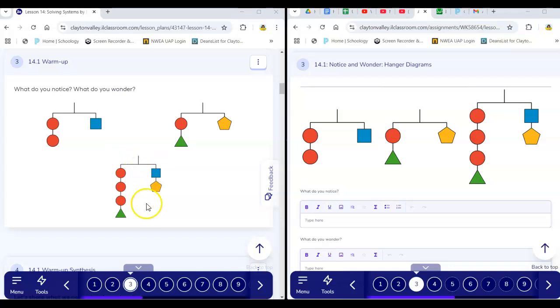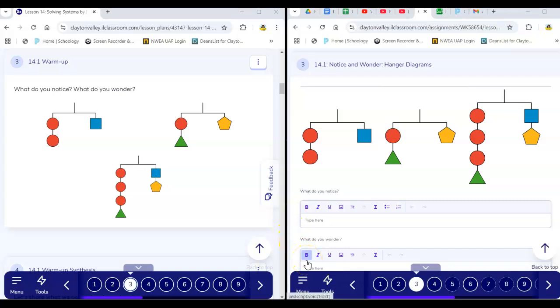So over here, look at this. Here we have 3 red dots and a green triangle and a blue square and a yellow pentagon. So what do you think they did with these two to get this one? Okay, so write down, what do you notice about it?